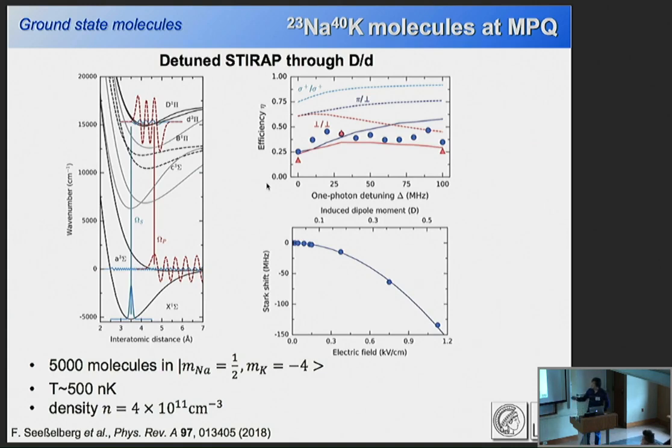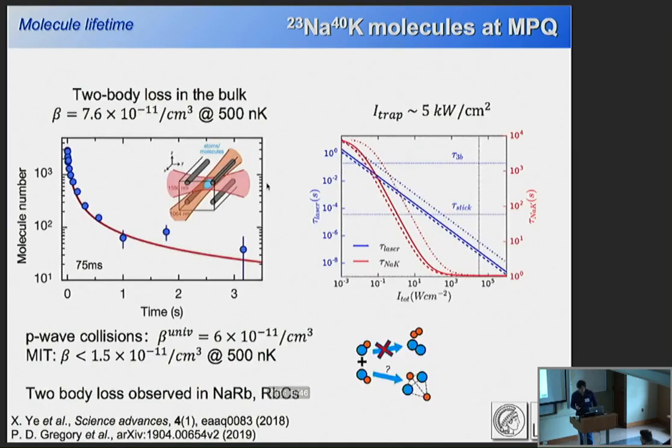We can also polarize the molecules with an electric field, up to half a Debye. After creating molecules, we measure the molecular loss. Indeed, we see a very clear two-body decay, and we get a two-body decay coefficient of 7.6 times 10^-11 per cubic centimeter per second at 500 nanokelvin.